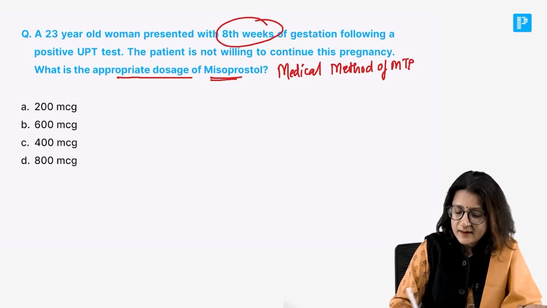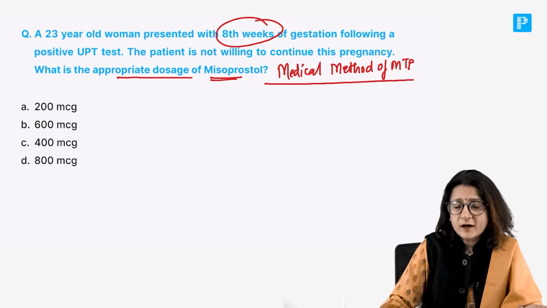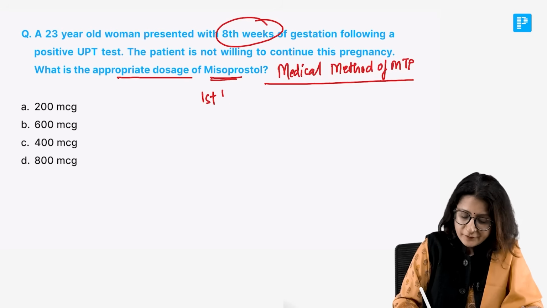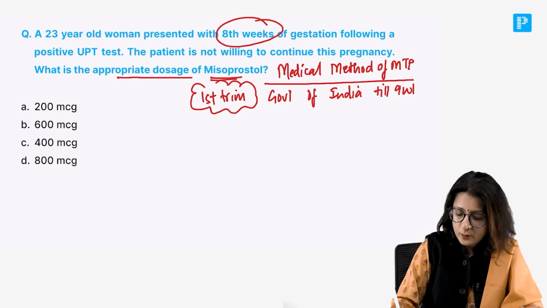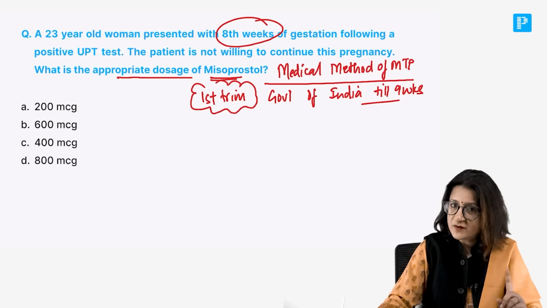Please remember that when we're talking about the medical method of MTP in the first trimester, the Government of India allows it till 9 weeks of gestation. First of all, that point.